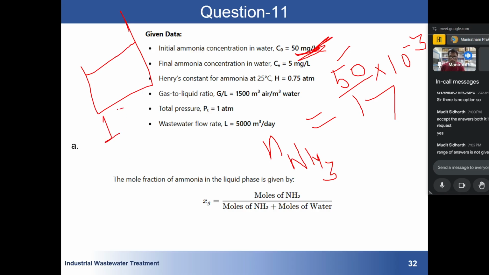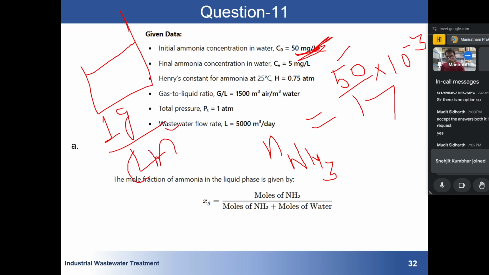Yeah, 1 gram per liter, is it correct? No, sorry, just one minute. Let me check my calculator. It is 1000, it's not liter. It is centimeter, 1 gram per centimeter cube.